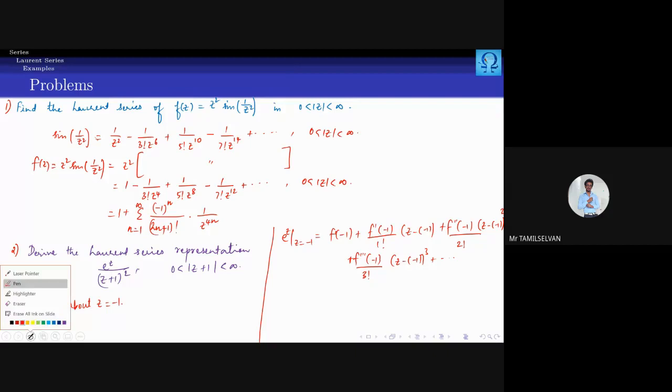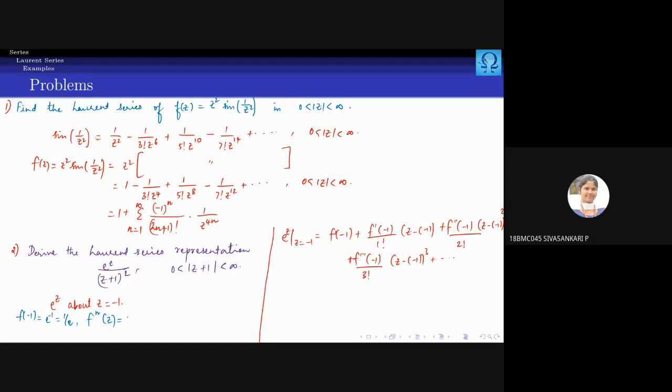Now let us find out the values. What is your f of -1? E power -1, and this shall be written as 1 upon e. What is your general nth derivative here? If you can find out the nth derivative, that's completely fine. We can give different values of n to identify the various derivatives.